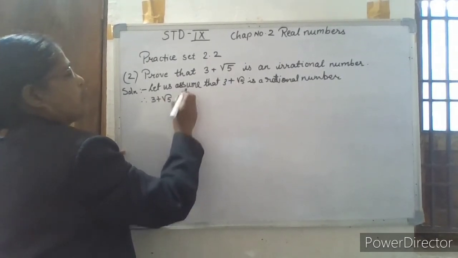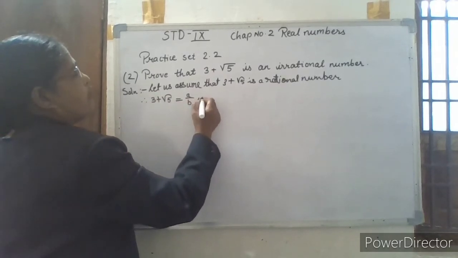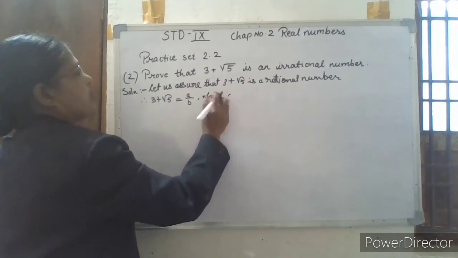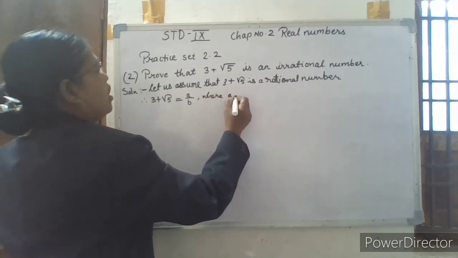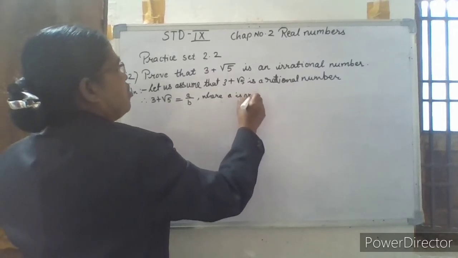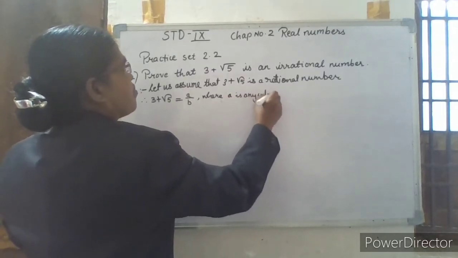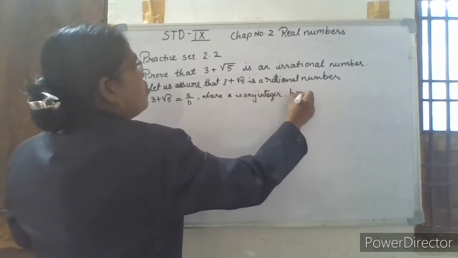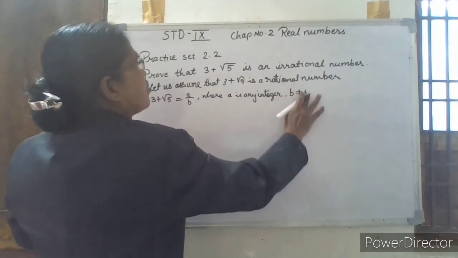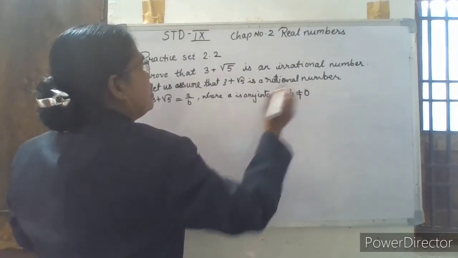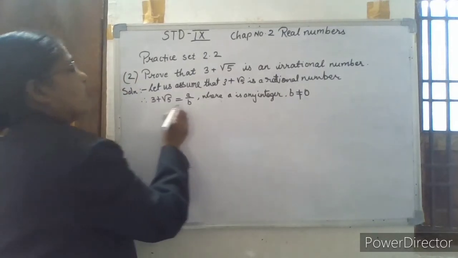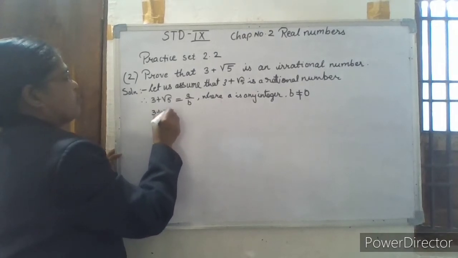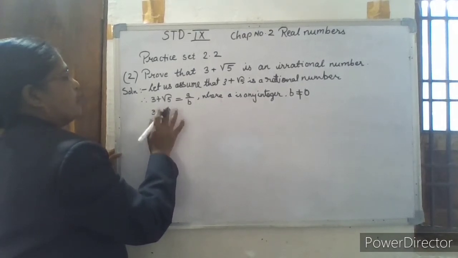A by b is a rational number where a is any integer and b is not equal to 0. It can be any integer. Now 3 plus root of 5 is equal to a by b.